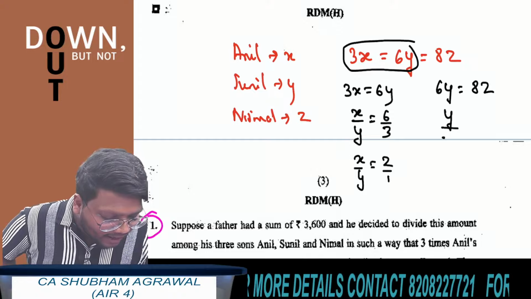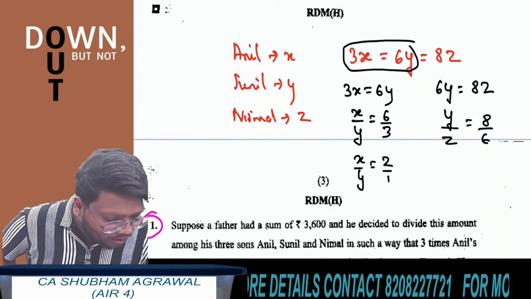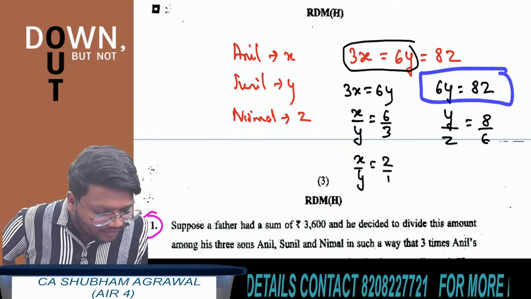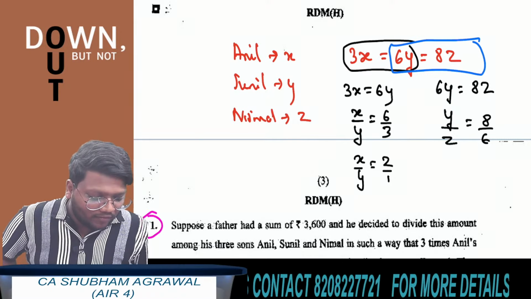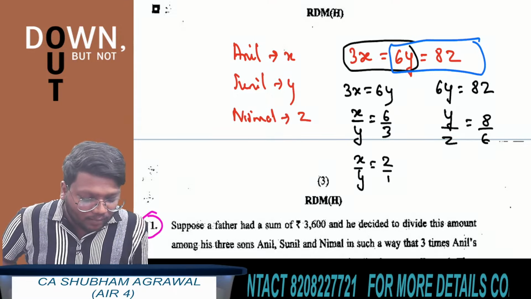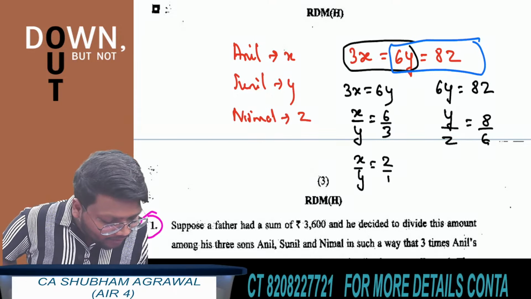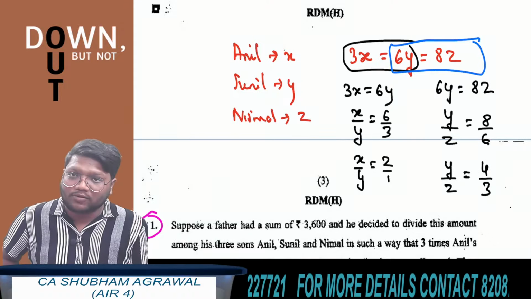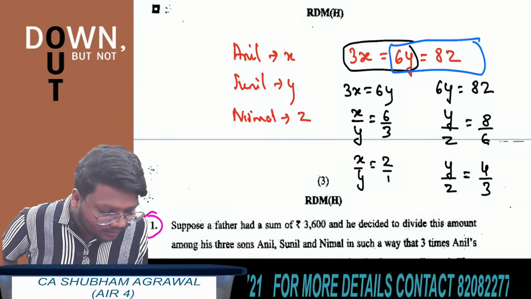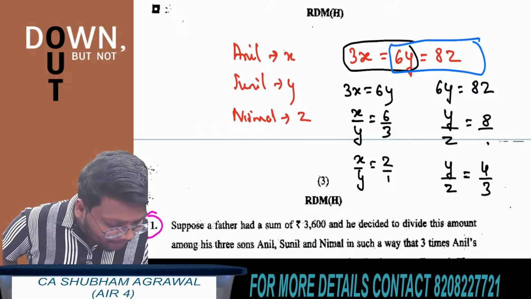You can write y upon z as 8 upon 6, which is 4 by 3. 2 multiplied by 4 is 8, and 2 multiplied by 3 is 6. Now how to proceed further?